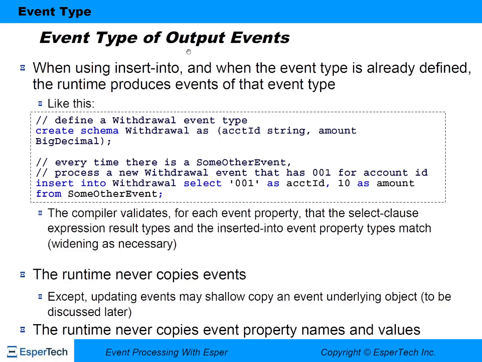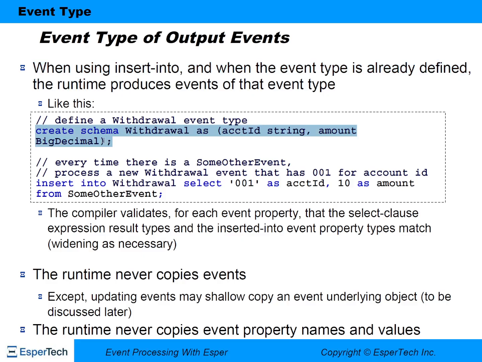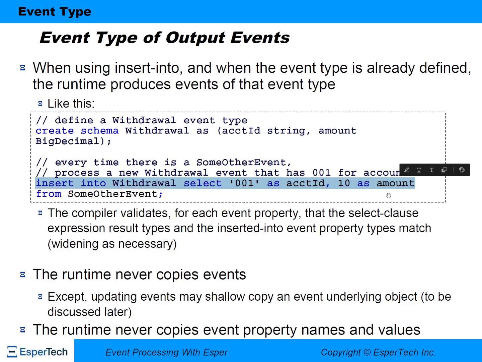When using insert into, and when the event type is already defined, the runtime produces events of that event type. Like this example EPL here. Create schema Withdrawal as (accountId string, amount BigDecimal). Insert into Withdrawal select "001" as accountId, 10 as amount from SomeOtherEvent.